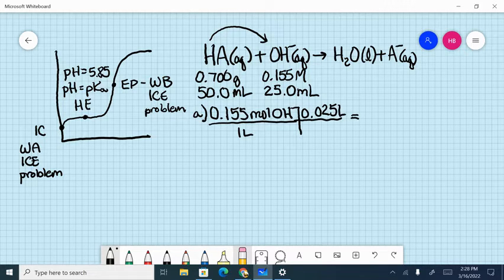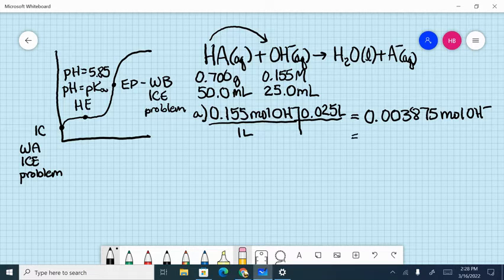So that tells me that the number of moles of OH is 0.003875. So that's how many moles of OH that I have at the equivalence point. That's how many moles of acid I have. It is a 1-to-1.